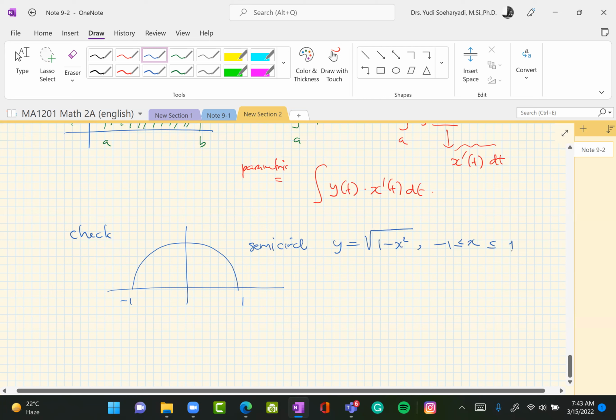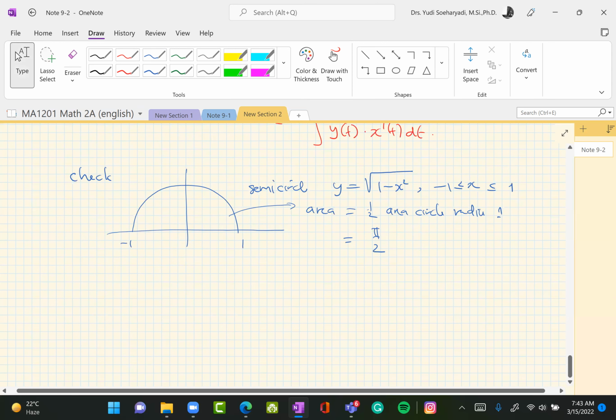And the area here is 1/2 of the area of the circle of radius 1. So it should be pi r squared, r equals 1. So the whole circle is pi, and 1/2 is pi over 2. Okay, let's check with this integral.